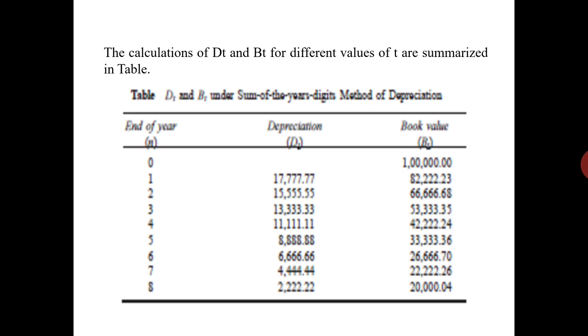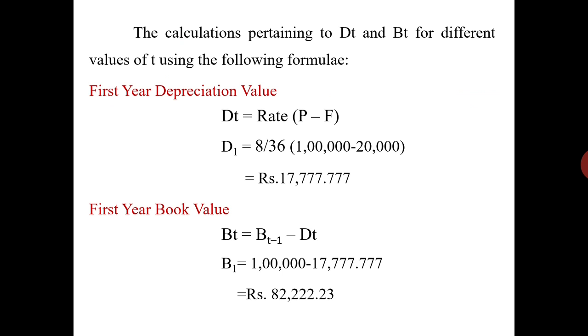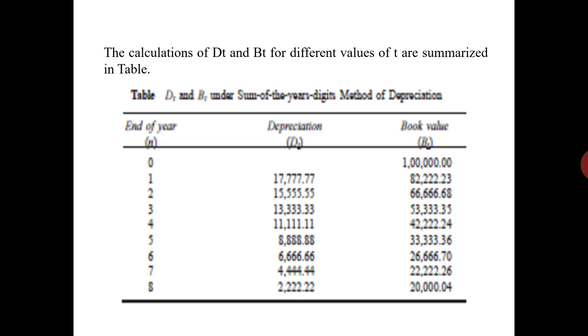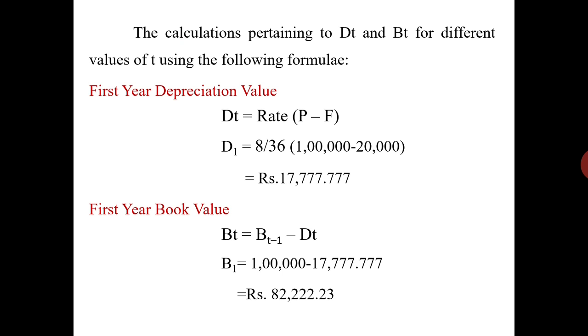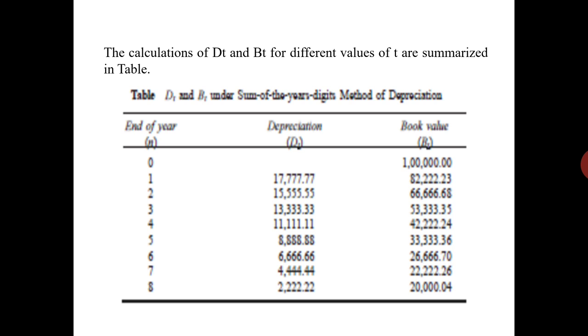This table, as usual, shows the end of year depreciation and book value. In the first column, the number of years is mentioned from 0 to 8th year, the second column is the depreciation value, and the third column is the book value. In the 0th year, the book value of the equipment is 1 lakh. In the first year, we already calculated the depreciation value, 17,777.7, and the first year book value, 82,222.23, and put them in the table.